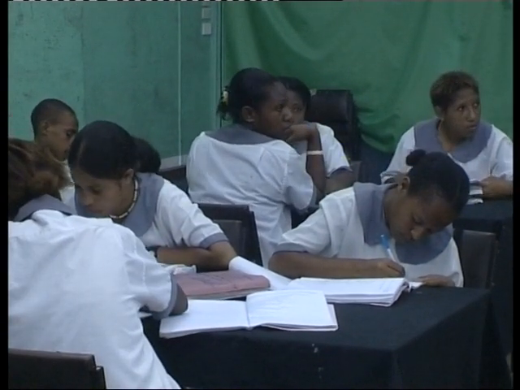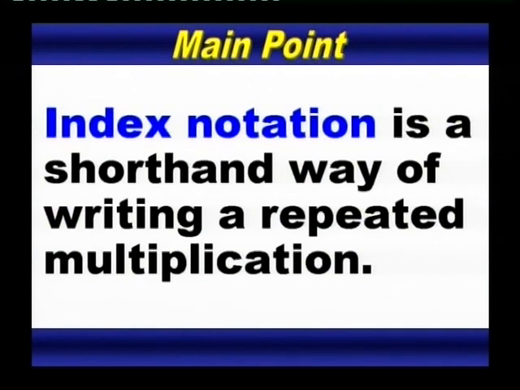Some are saying yes. Now, receiving students in 7s, index notation is a shorthand way of writing repeated multiplication. That's the definition of index notation. A shorthand way of writing a repeated multiplication.